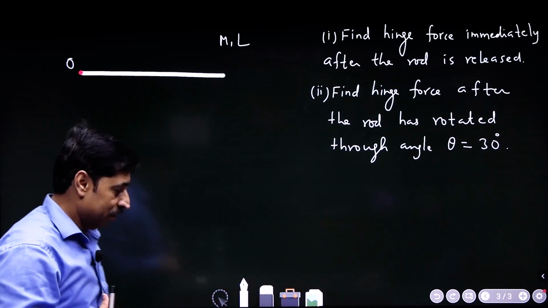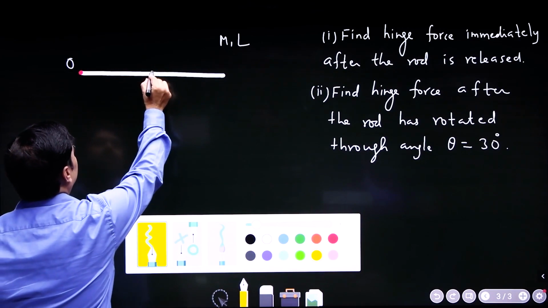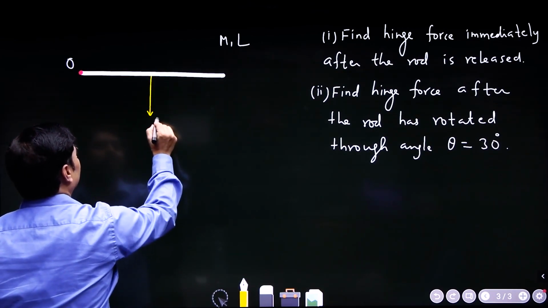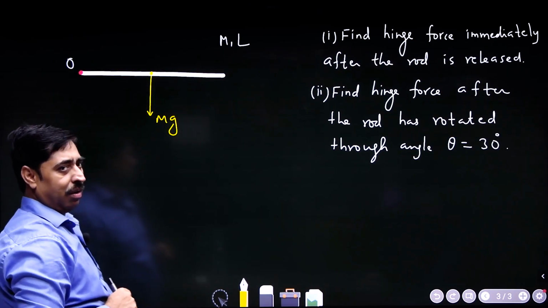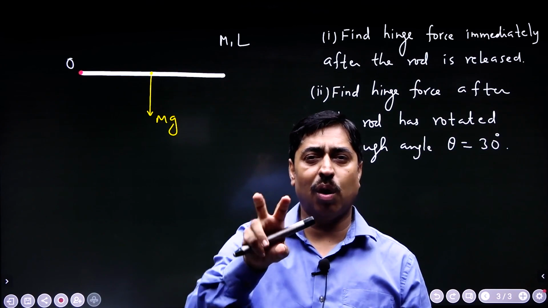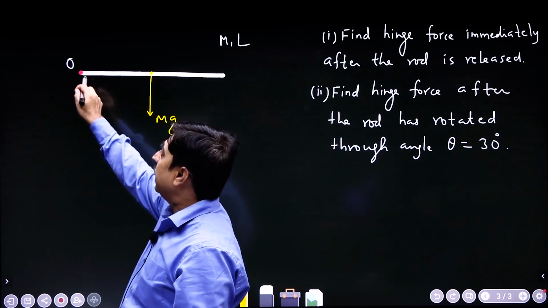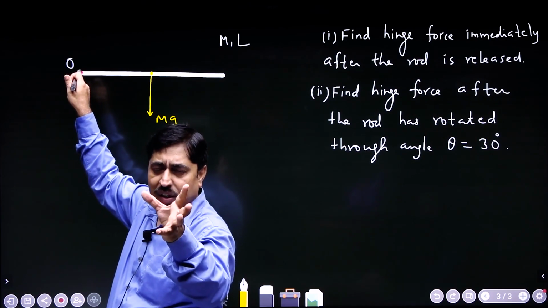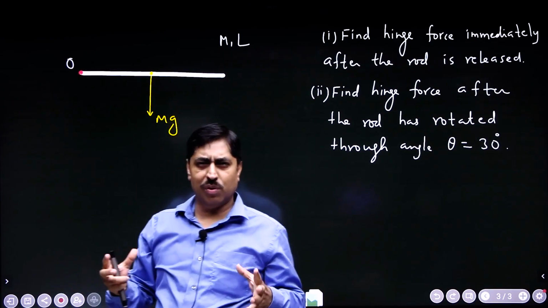So, let us have a look at this situation. Immediately after the release, this mg force, which is considered to be acting at the center of mass of the rod, is a force that is going to cause a torque about point O. Please understand that the hinge, the pin, the support, whatever you call it, is also applying some force on the rod.